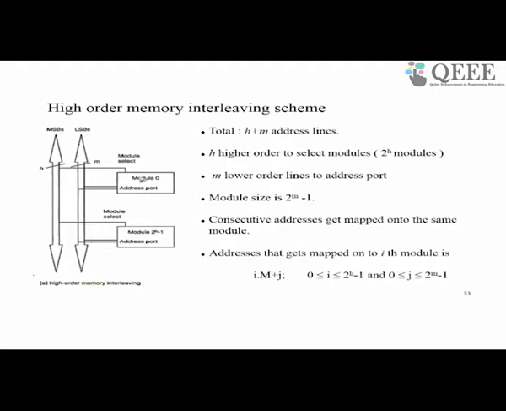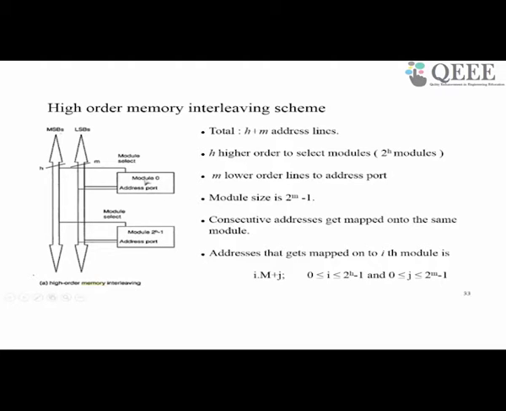The moment you move to location 1024, the value of H, the higher order lines, will become 0, 0, 1, and therefore module 1 will get selected, and it will remain 0, 0, 1 for the next sequence of 1024 locations. All those addresses will only select module 1, and a sequence of 1024 locations will now be mapped onto module 1, and so on.